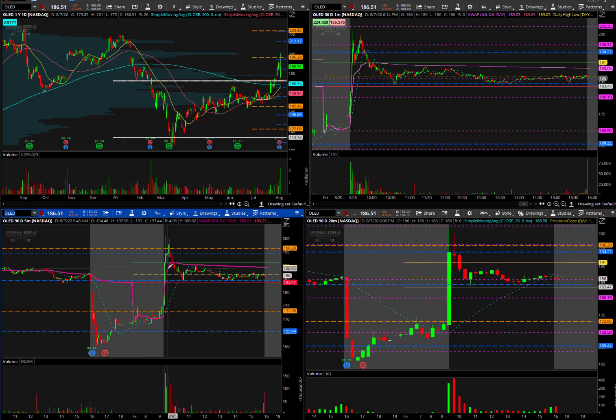The reason is, if I got my first target, I move my stop loss from here to my average. So my average is 198.40. I would have probably gotten stopped out. I hope that makes sense.